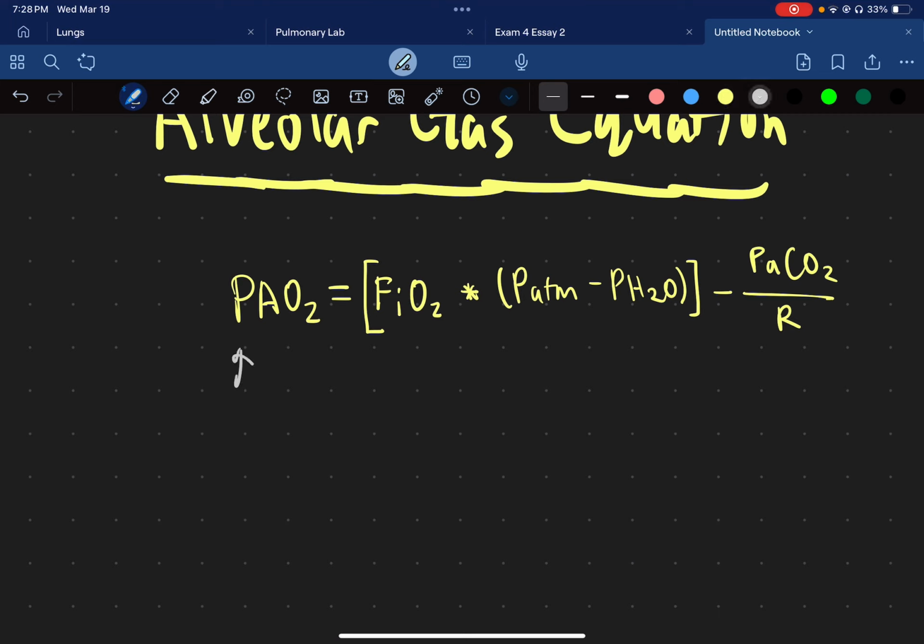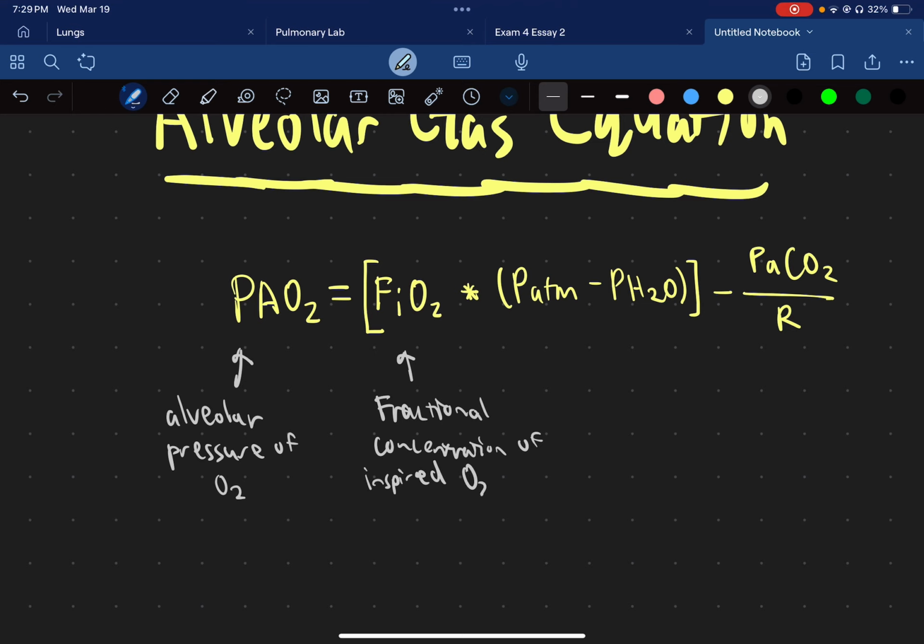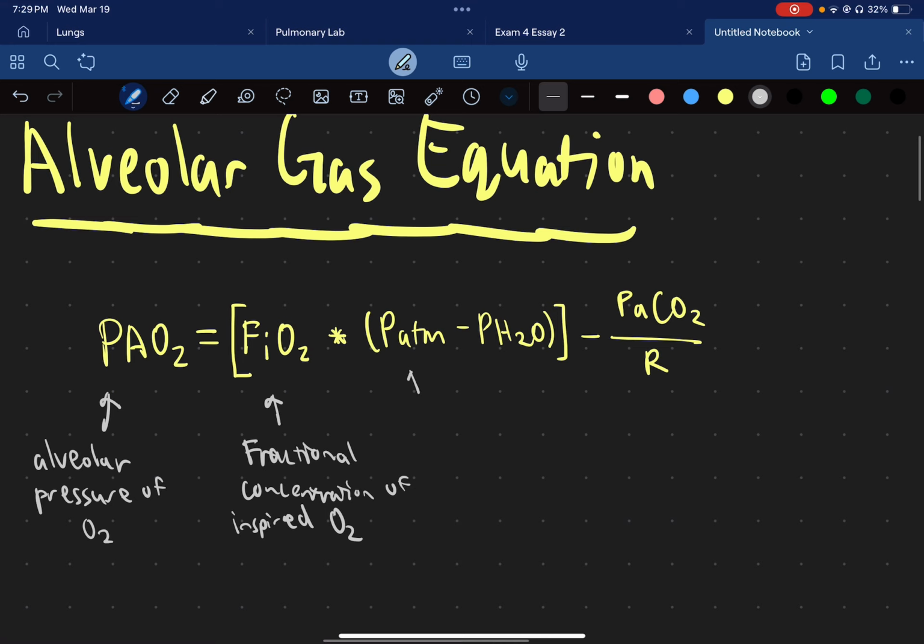So this is the alveolar pressure of O2. This is the fractional concentration of inspired oxygen. This is atmospheric pressure.